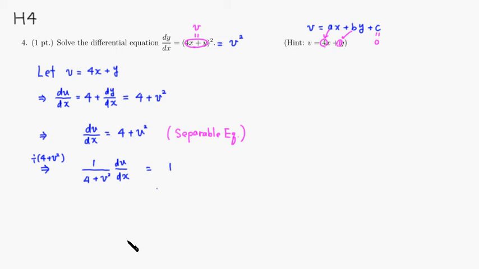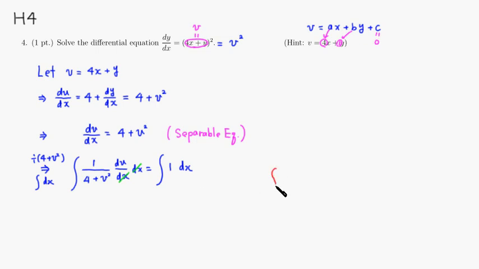Then we can integrate with respect to x. You can cancel dx on top and dx on the bottom. That way we have an integral with respect to only v, and a fairly easy integral on the right.